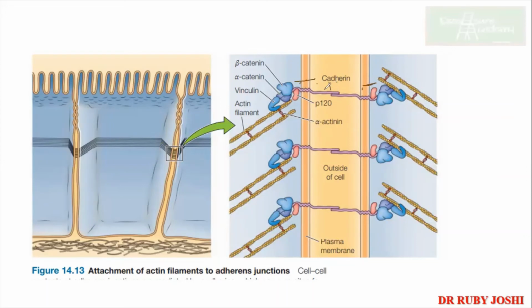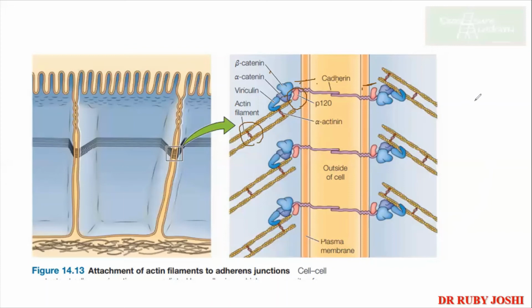Cadherins are attached to the catenin with the help of protein, glycoprotein 120. Okay, and they are making connections with the alpha beta catenin, vinculin together to the actin filaments. And actin filaments के बीच में कौन आता है? Alpha actinin as previously. ठीक है? Did you get the points here?